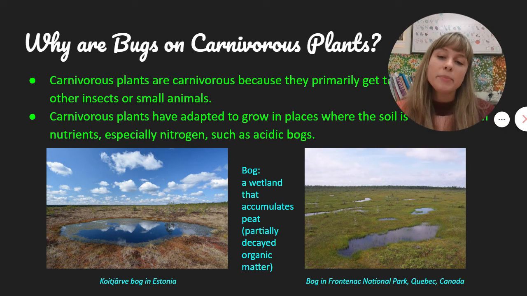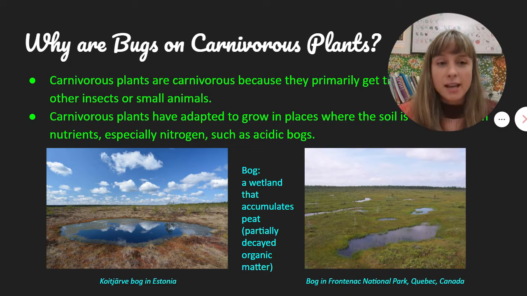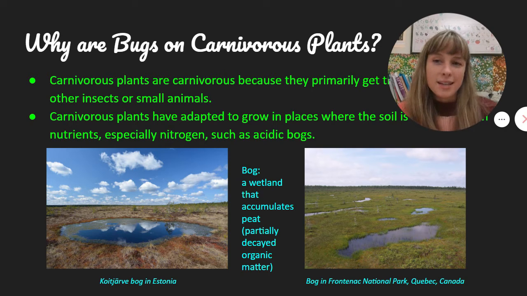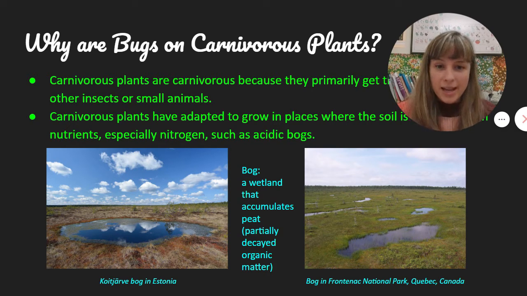So because plants need these nutrients and the soil in certain parts of the world really is not rich in these nutrients, carnivorous plants have evolved to get nutrients from other things. So that's why they eat other living things. And they've adapted through a variety of different adaptations, which we'll look at in just a minute.